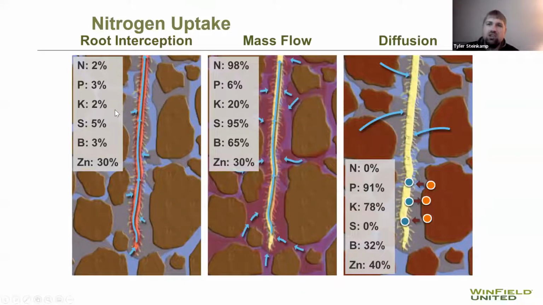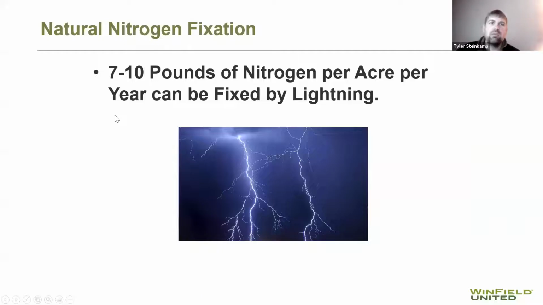Now, as far as additions, we get about 7 to 10 pounds of nitrogen per acre every year through fixing of lightning. Okay, so not a lot, but this is also the reason why your grass will generally green up more after a rainfall than if we were to just put on water through some sort of irrigation.